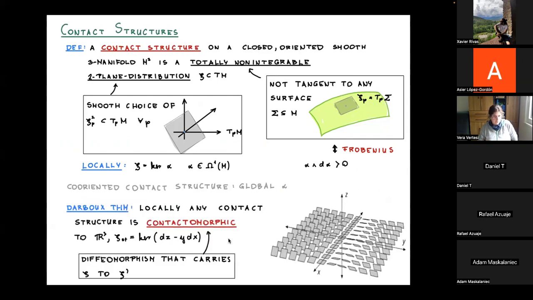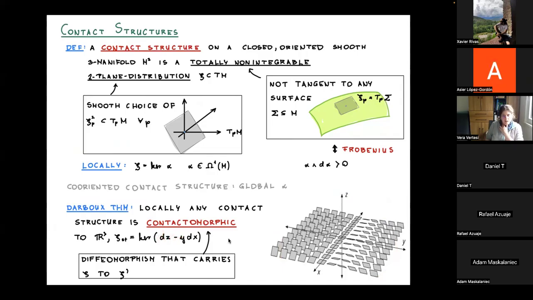Okay, so locally, any contact structure is the same, and it looks like this picture here. This is the kernel of dz minus y dx.